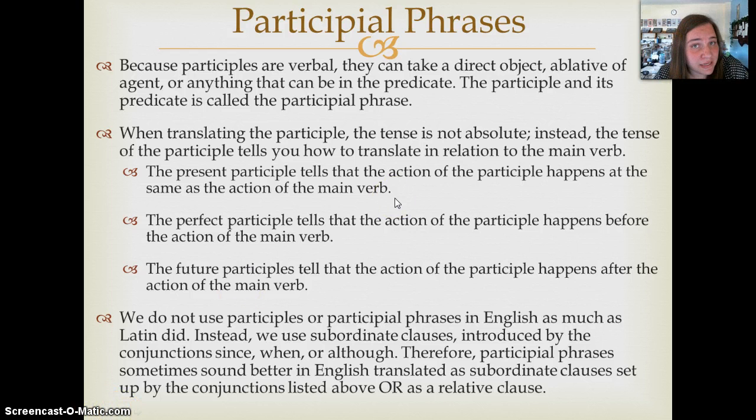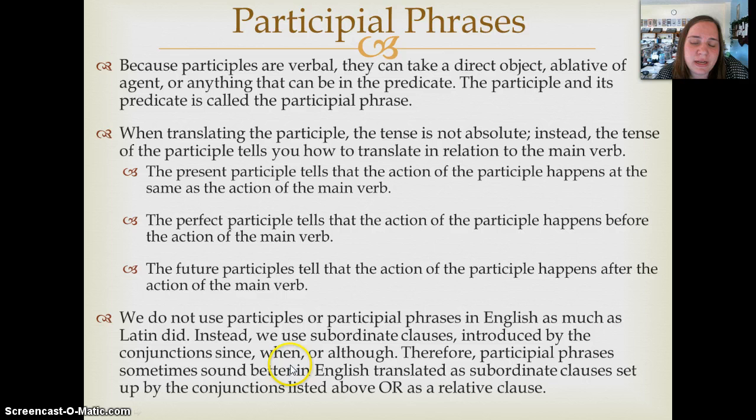So what that means is that instead of translating a participial phrase like having seen the prank, or something like that, weird, that's what came to my head, we would translate it as a subordinate clause introduced either by since, when, or although. So since we saw the prank, or something like that.